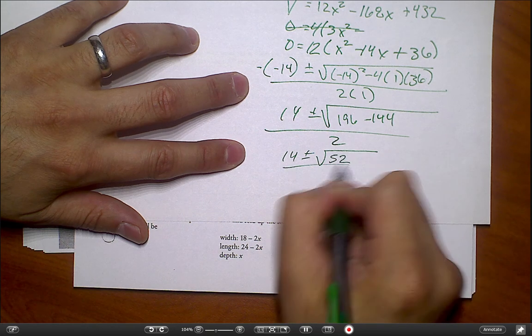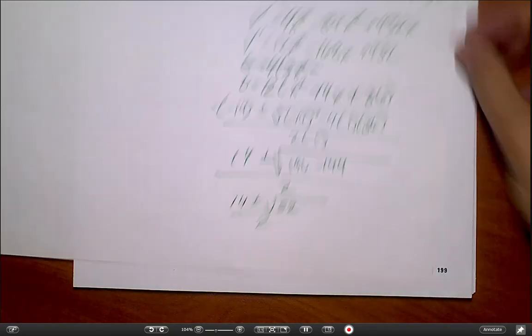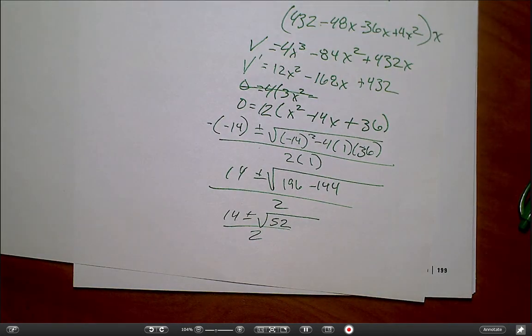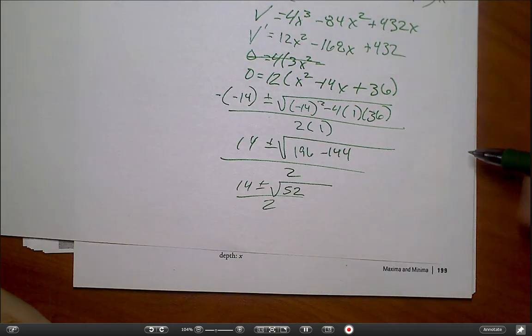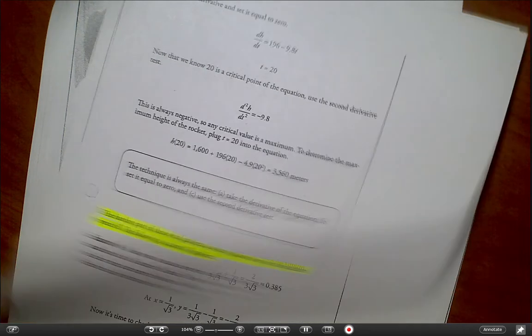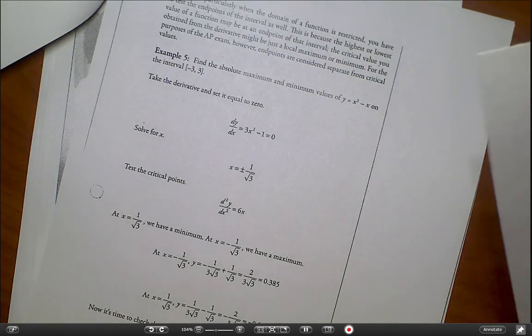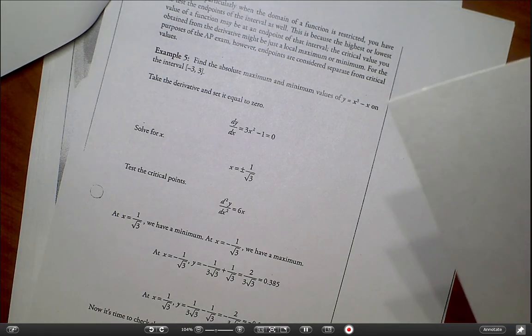Yeah, 52 over 2. Ah, crap, I gotta use a calculator anyway. You can do 2 times the square root of 13, so it can be 7 plus or minus the square root of 13. I know, but either way, you're still gonna have to figure out a value. So on this one, avoiding calculator, but we need calculator.